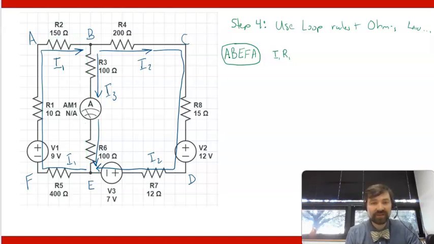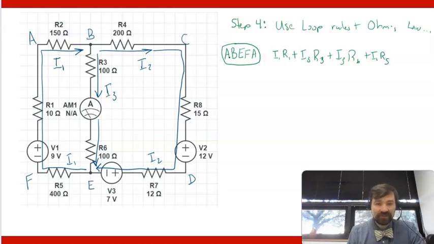So my current for this loop is positive for all terms. This one is I3, R3. The next one is I3, R6. And then I1, R5. And then I go through the battery. I'm going from minus terminal to plus terminal.